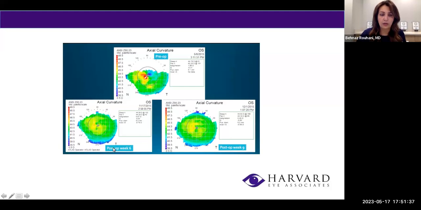About 6 weeks after surgery, you see everything is more universally dispersed over the cornea. The cornea is looking more regular, and the astigmatism level is about 1 diopter less than what it was before just the superficial keratectomy, or just this removal of the surface of the cornea.